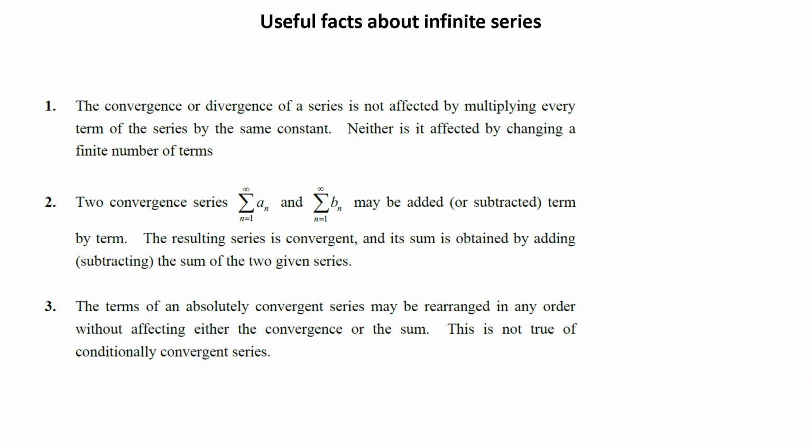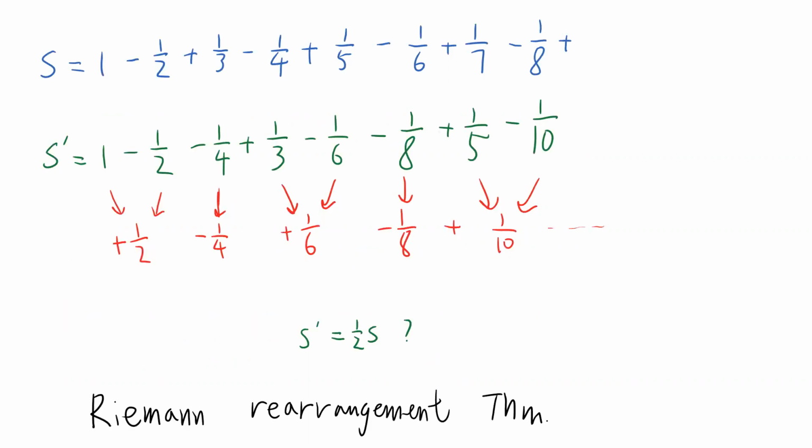Again, not going to dive into it deeply, but I'm just going to show you an example. This S is the alternating harmonic series that I just talked about. This series is a conditionally convergent series, but not an absolutely convergent series. We know that.